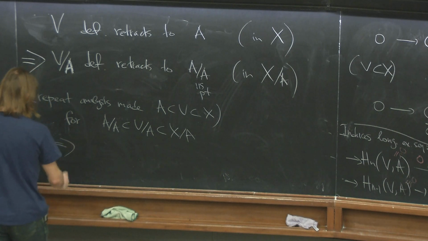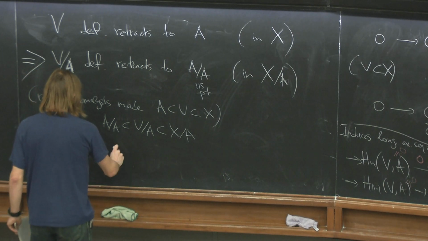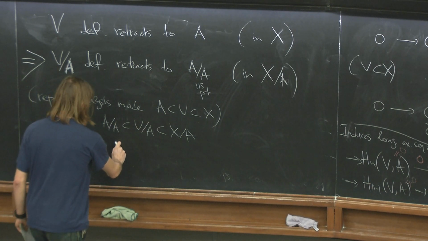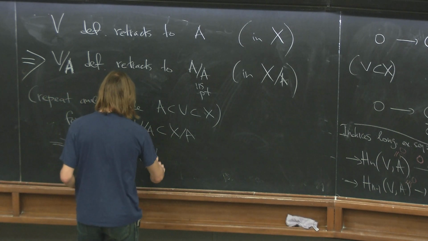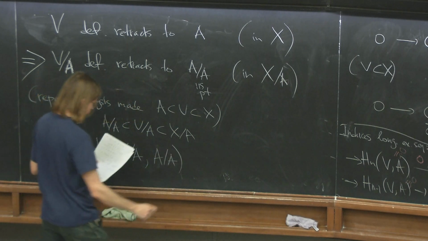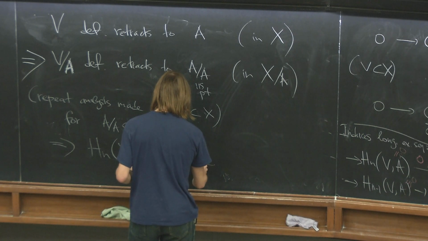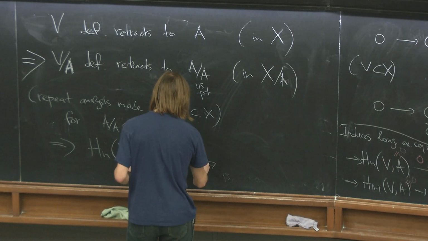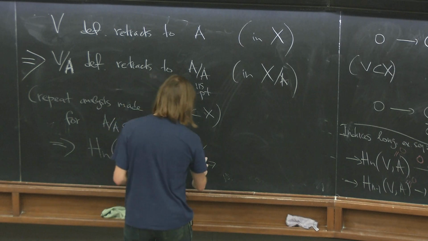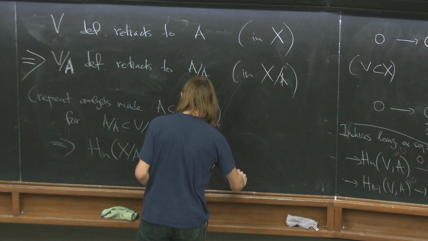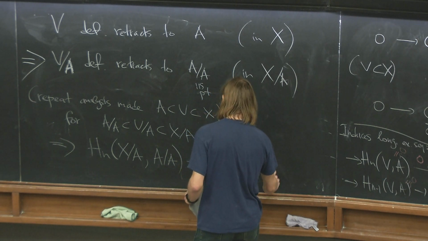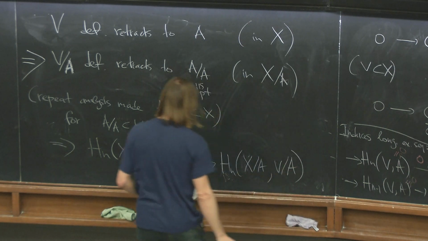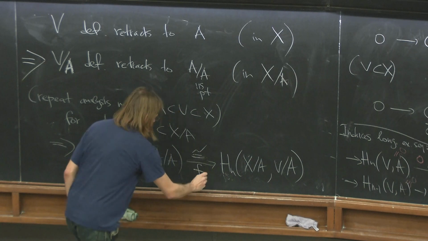And so in particular, as we showed for this triple, we'll now have that the homology group H_n of X divided by A, relative to A divided by A, will be isomorphic to H_n of X divided by A, relative to V divided by A. And let me denote this map also as F star here.